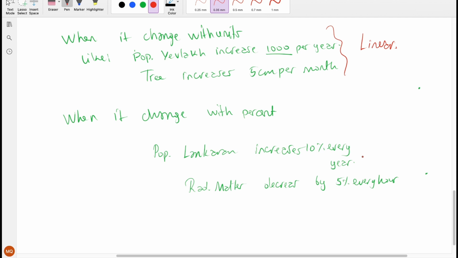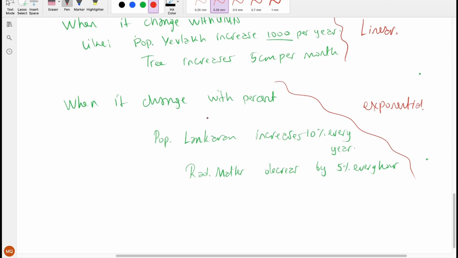These ones are exponential. But there is one case: when there is, for example, 10% of the initial or original starting value, it is linear.